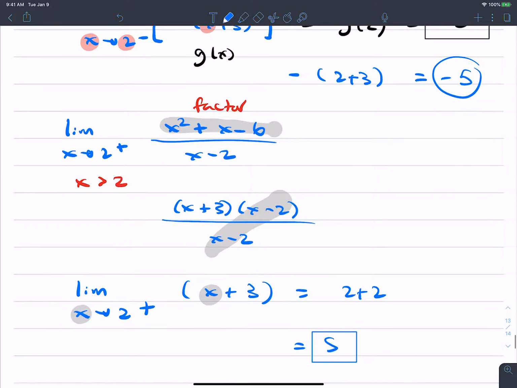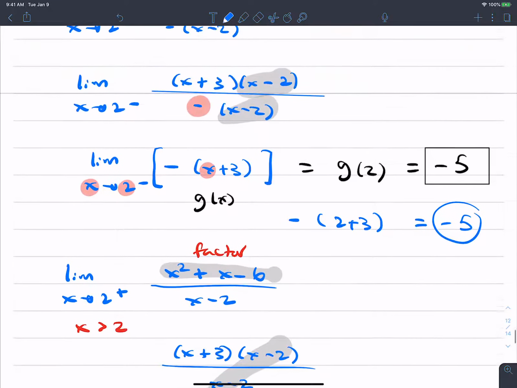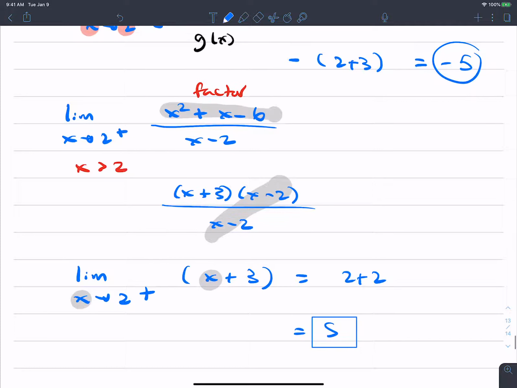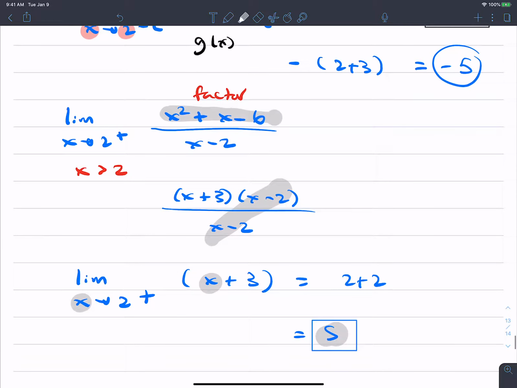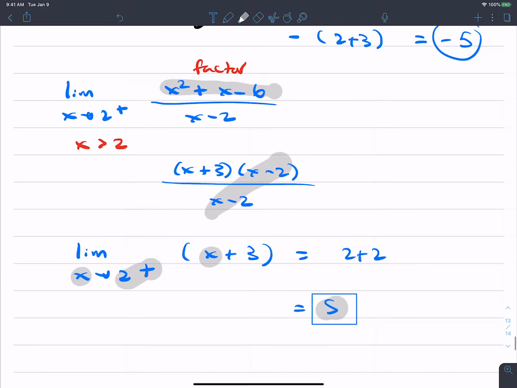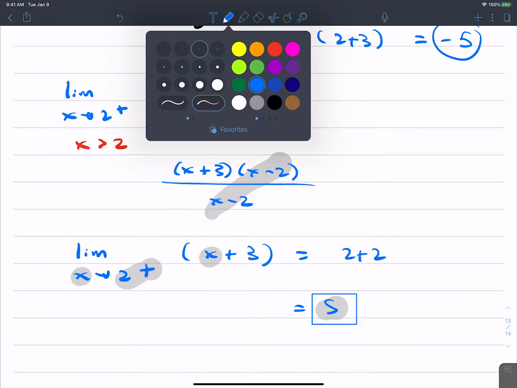So the right-handed limit question, oh, here we go. This is the right-handed limit, 5, right? And the left-handed limit, negative 5. Same thing, we could say this is g of 2.